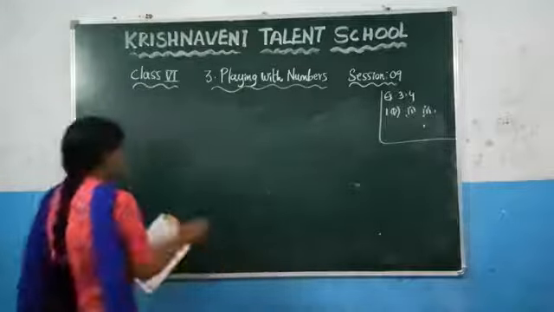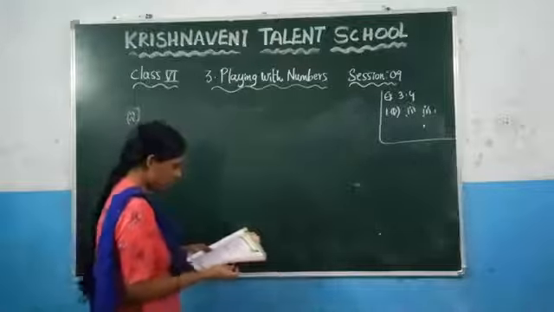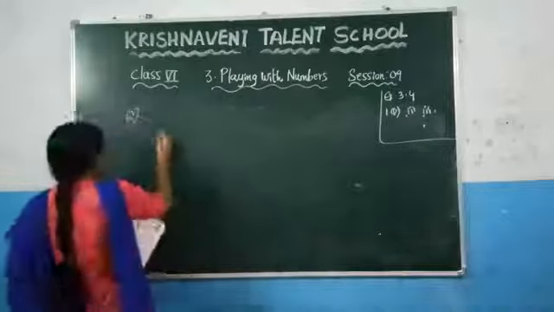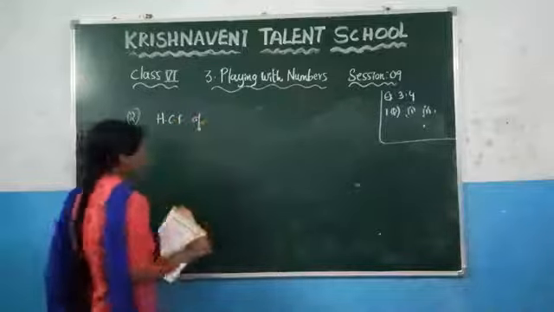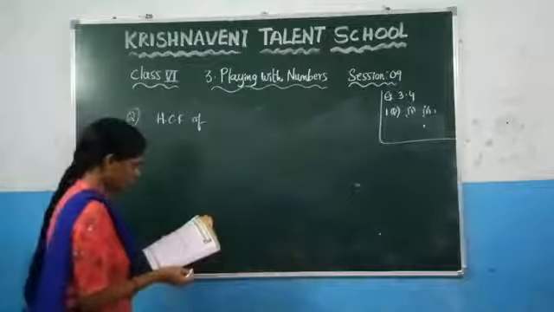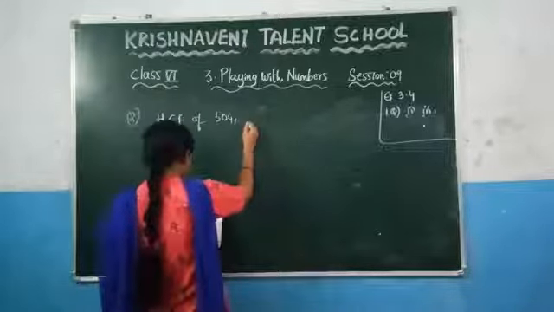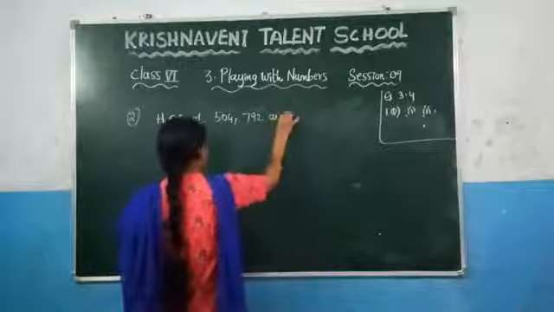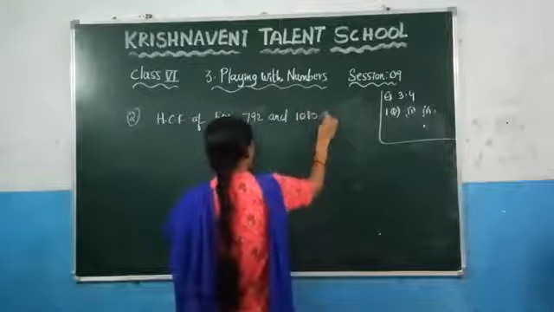So for the second question, they ask to find the largest number which is a factor of each of the numbers. To find the largest factor, you need to find the HCF of these given numbers. What are the numbers? 504, 792 and 1080.